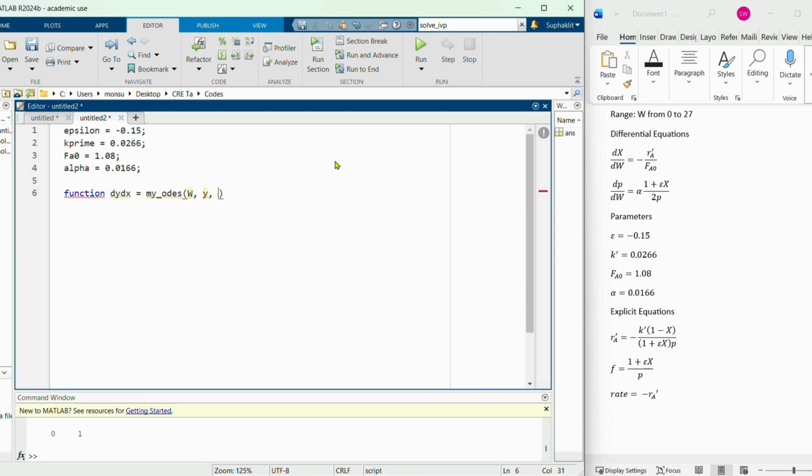Here, we're going to pass in our weight, which is the x-axis, and y, which are X and p.